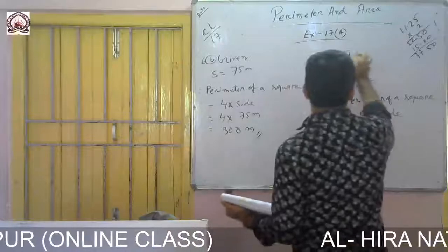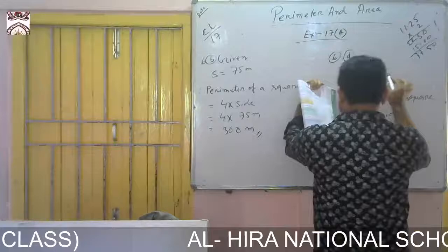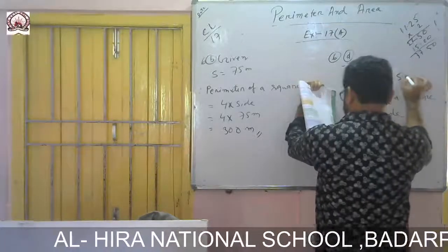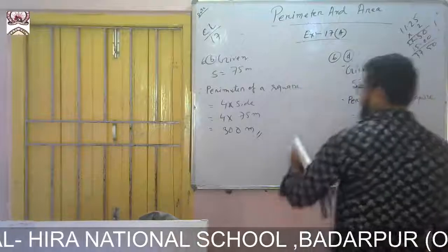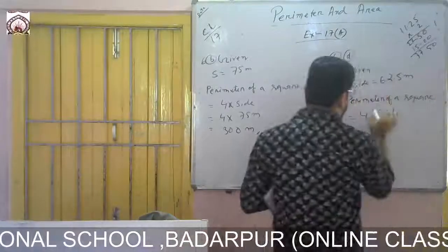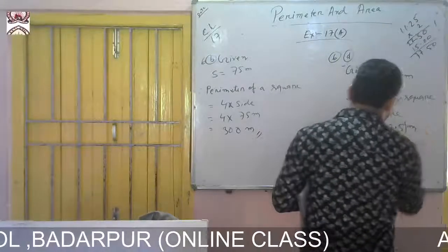So D, what is given? 62.5 meter. So perimeter of a square is 4 into 62.5 meter.